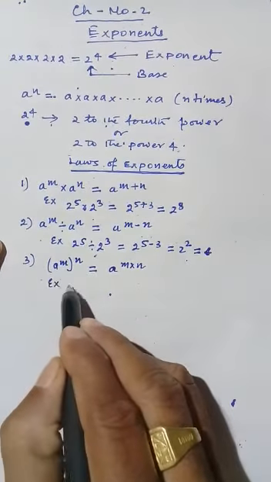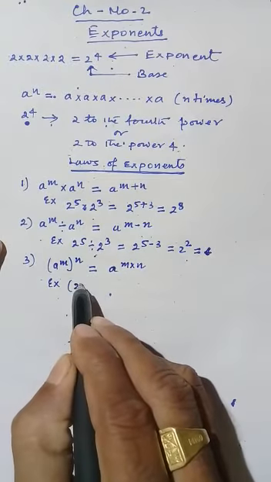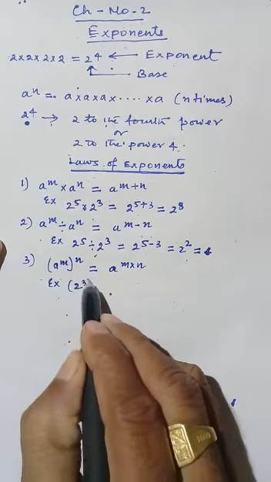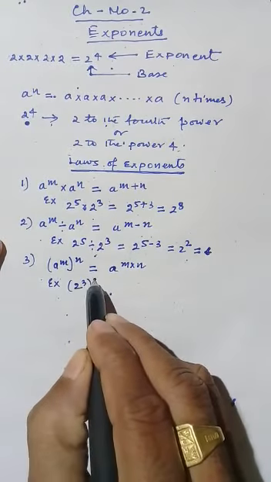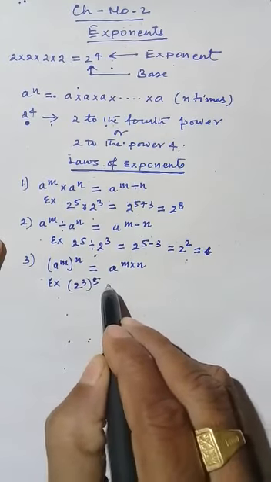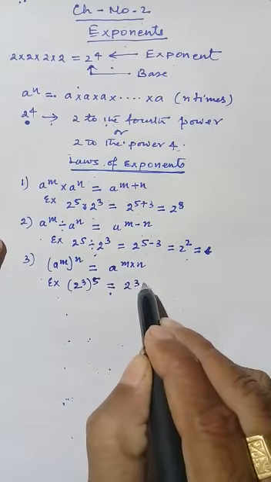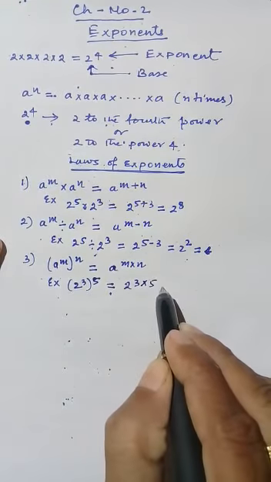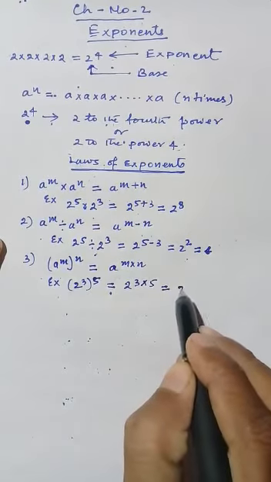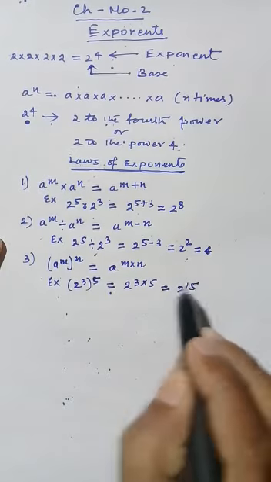Example, 2 to the power 3 and whole to the power 5 is equal to 2 to the power 3 into 5, which is equal to 2 to the power 15.